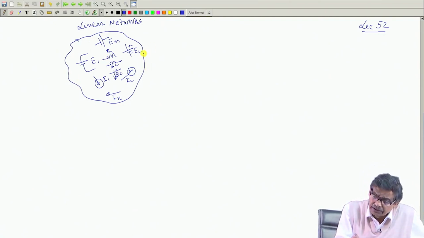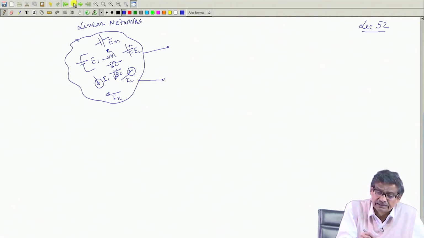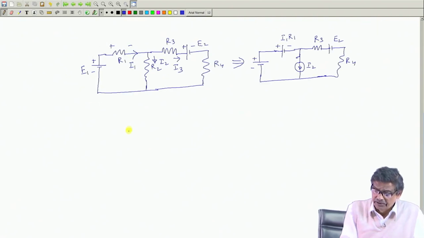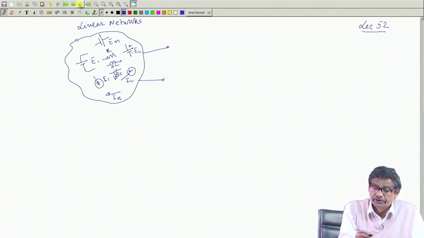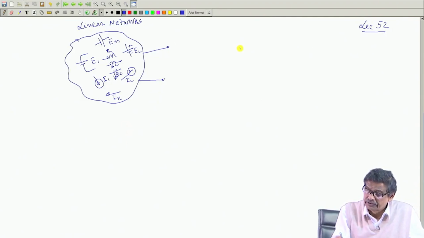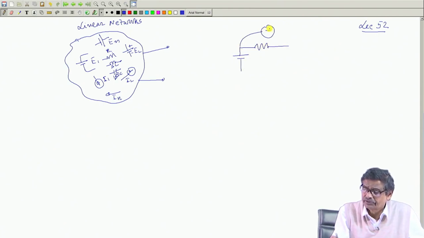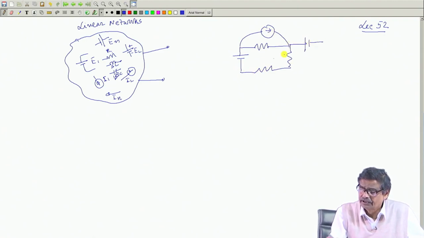And to this network, two terminals you have fixed up. Let me draw it here. This is one source, this is another source, there is a current source, all are connected inside. There is resistance, another voltage source, and so on.